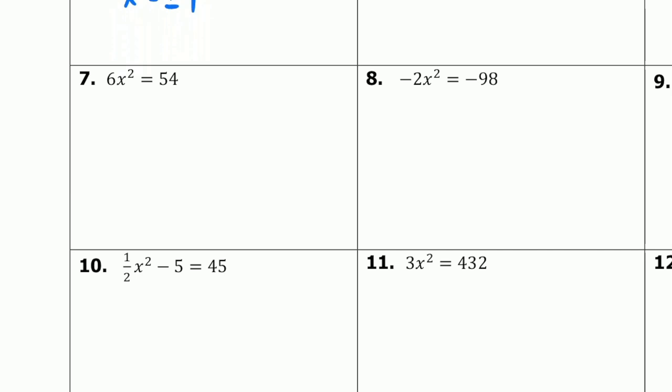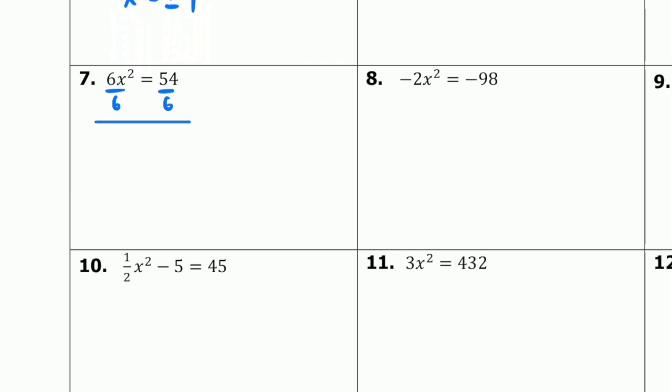So I'm not adding or subtracting anything this time, but since it's 6x squared, 6 is being multiplied by x squared, I'm going to have to do the inverse of that, which is going to be dividing. So first step I want to do is I want to divide both sides by 6 this time.